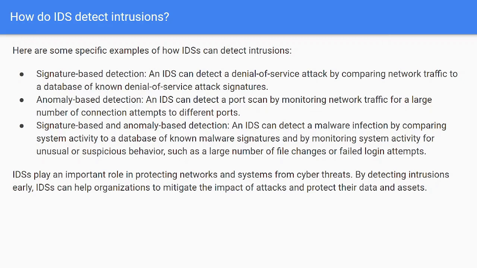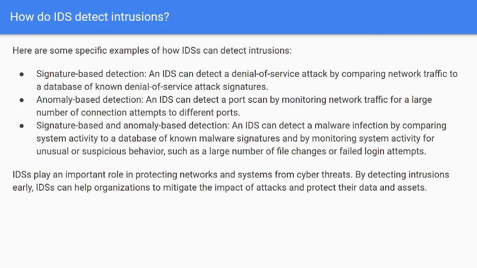And all of a sudden, this IP address is communicating with about 200 IP addresses and scanning the ports. So it will raise that as a red flag and send an alert to the administrator.